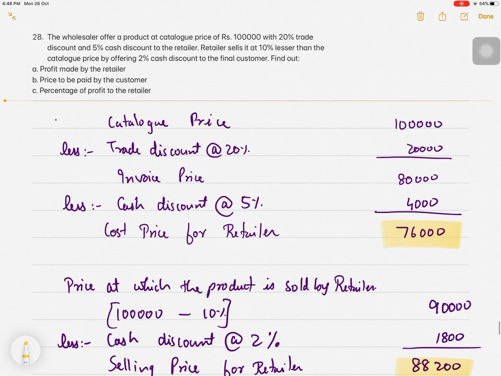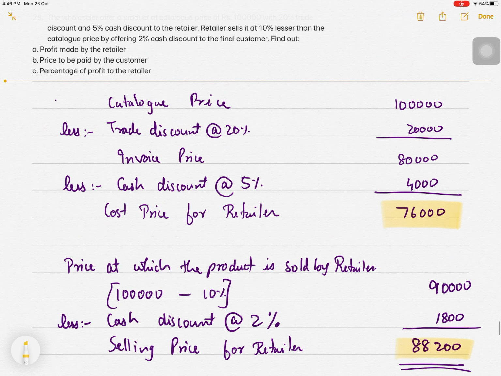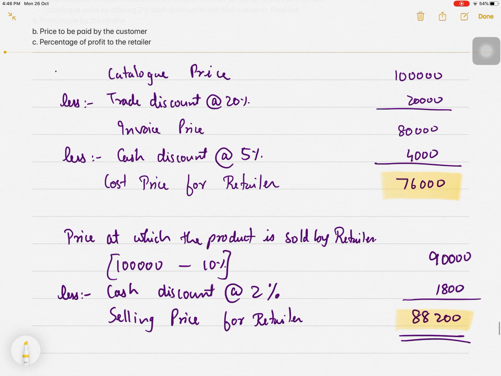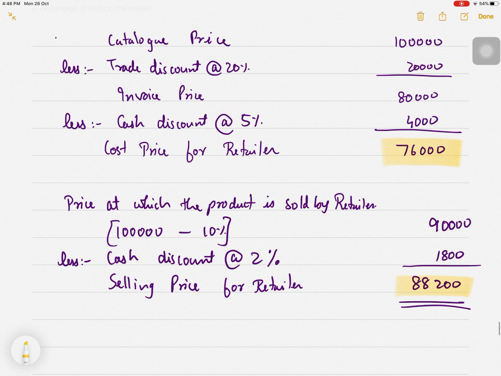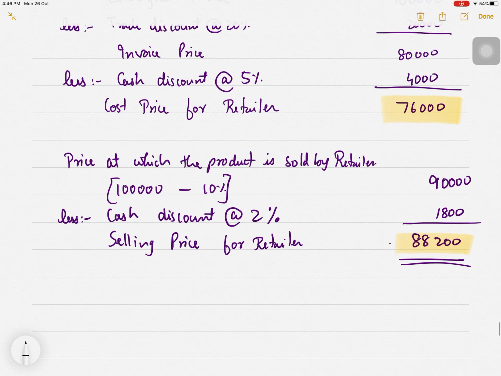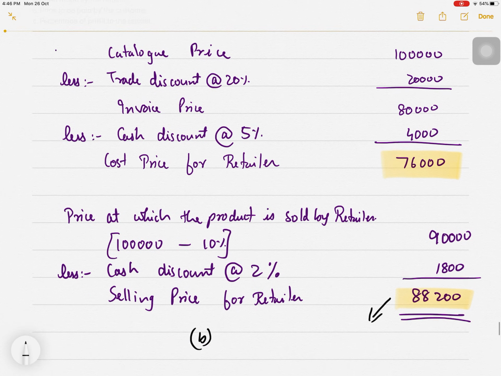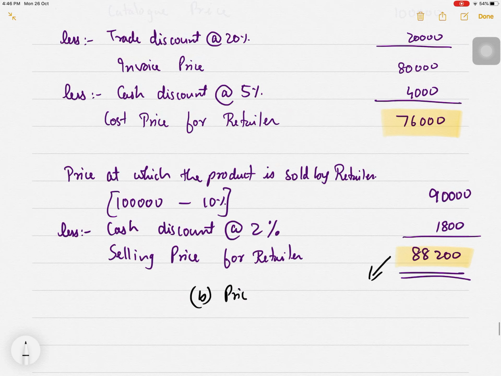Okay. So what is the profit made by the retailer? Profit made by the retailer is the first question, A. Price to be paid by the customer is B. Now selling price for the retailer is 88,200. That means customer is buying it for 88,200. This is the answer for B part, which is price to be paid by the customer.